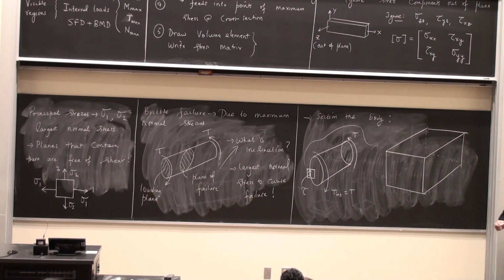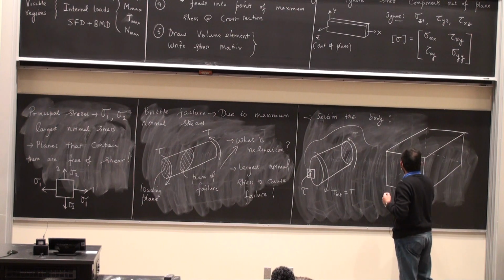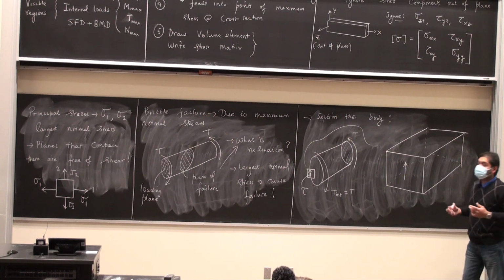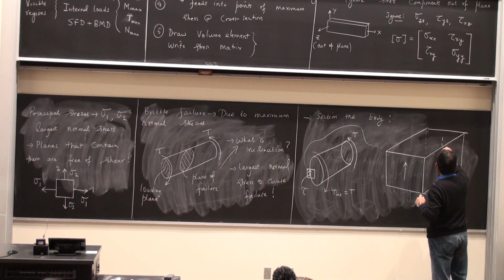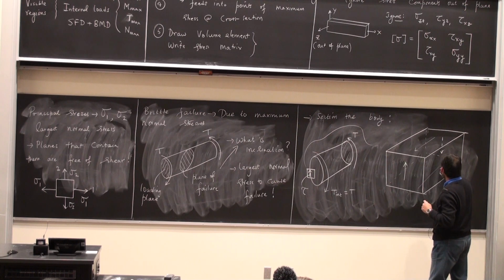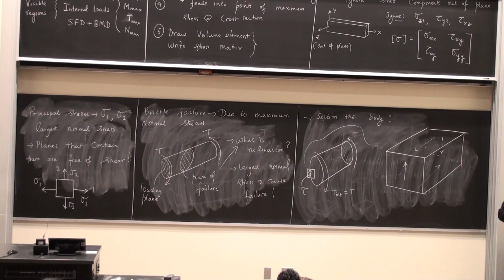Okay, here is my volume element. I have the shear stress on this face, that's tau. That's due to the torque applied, one on the back face, equal and opposite, and on the top, and on the bottom. So far so good.